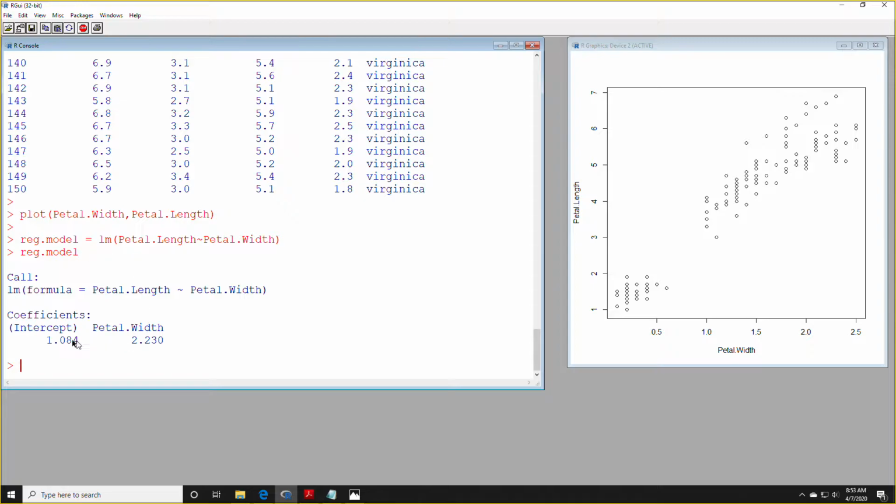So what this linear model function is doing, recall the goal is to figure out what the intercept, beta naught hat, and the slope, beta 1 hat, what the best possible intercept and slope is, right? The best possible line that I could fit through this set of data points.